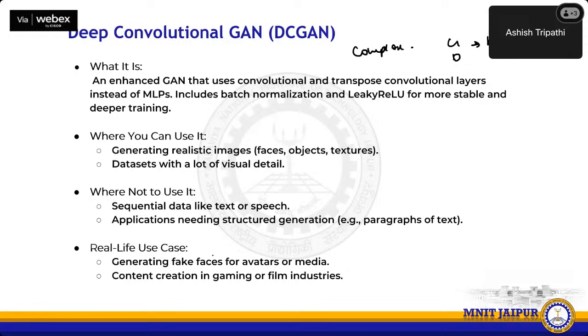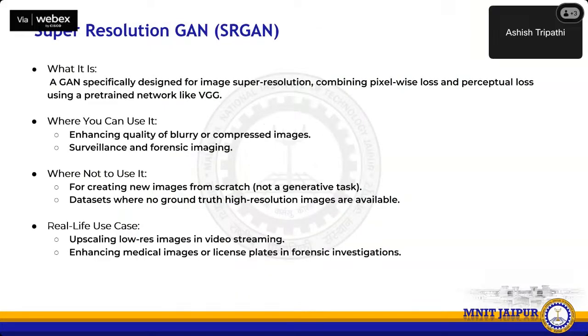For example, if you want to generate fake faces or avatars from the media, for generating such complex images we need DCGAN, where you can have your discriminator and generator. Some pre-trained model can also be customized as per your requirement to make the generator and the discriminator. So there are a number of opportunities to change the generator and discriminator. So this is about the DCGAN.